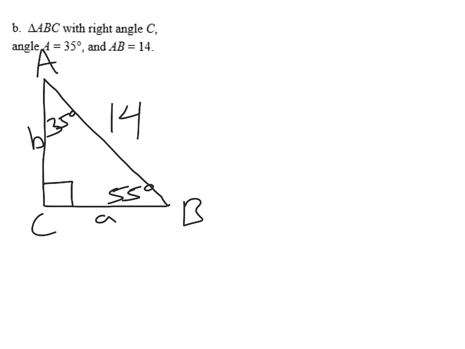All right, I'd like to get this one right here. Variety of different ways, once again, you could set this up. I'm going to say cosine of 35 is adjacent over hypotenuse, or b over 14.